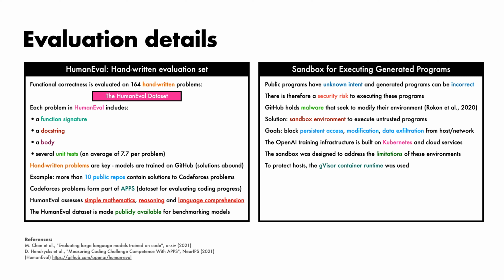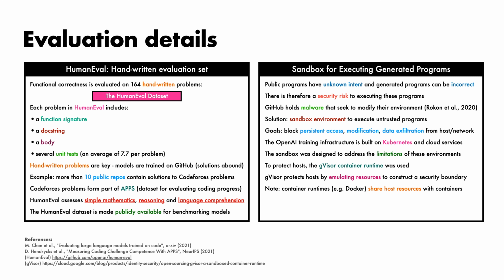The foundation of the sandbox is the gVisor container runtime. This runtime acts to protect hosts by emulating resources to construct a security barrier that lies between the containers and the host. This is useful because container runtimes such as Docker can share host resources with containers, meaning that a bad container has the potential to compromise a host.